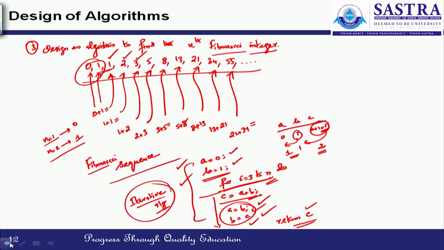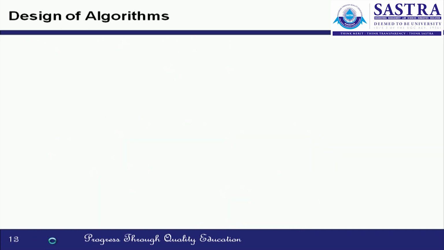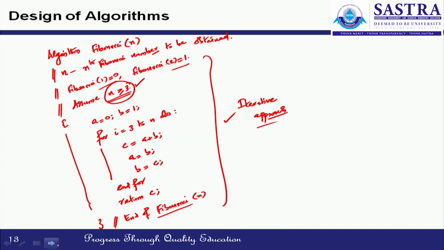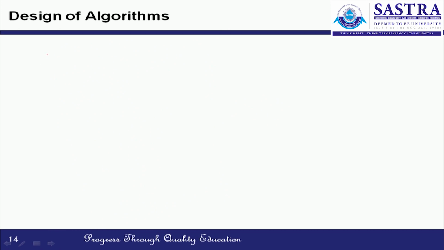Suppose this is first, second, third, 3, 4, 5, 6, 7, 8, 9, 10. Let us input the value of n as 10. Let us trace the algorithm. Find Fibonacci of 10.